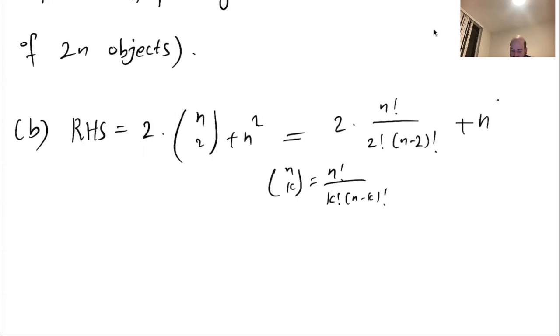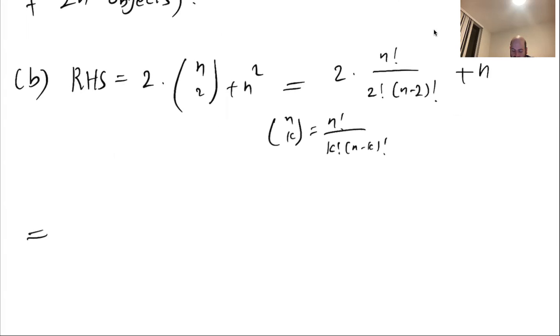plus n squared. Now this is going to be 2 times n factorial over n minus 2 factorial, which is n times n minus 1, and 2 factorial is 2. N factorial can be written as n minus 2 factorial times n minus 1 times n.